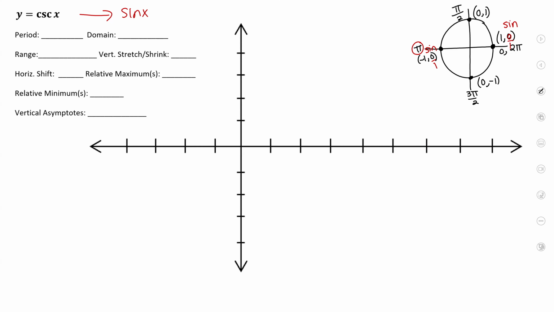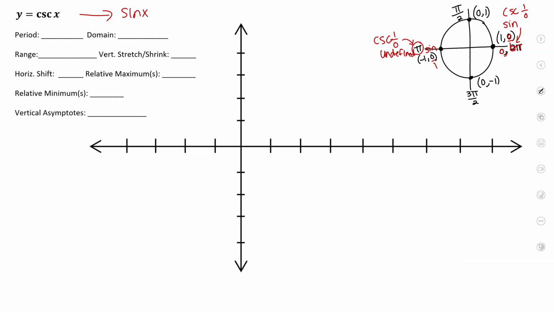So if I do the reciprocal, that means cosecant is 1 over 0 at this location, and cosecant is 1 over 0 at this location. That is not possible. You cannot have 0 in the denominator. So that means cosecant is undefined at pi and at 0 and 2 pi.